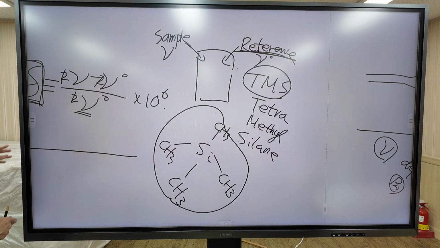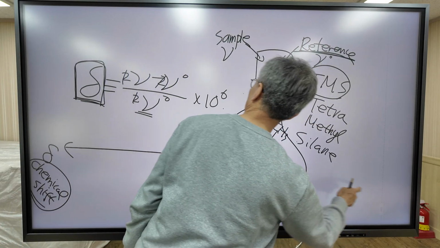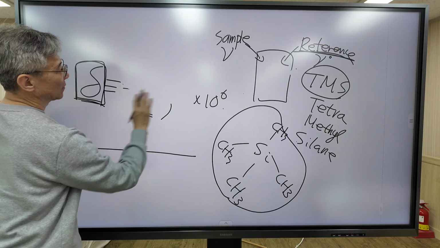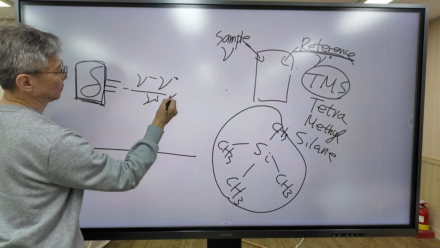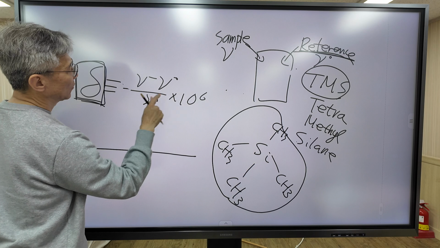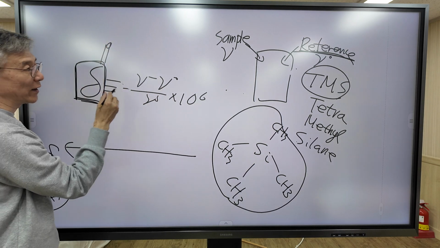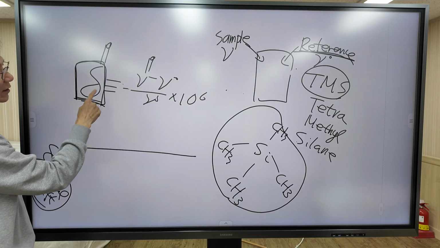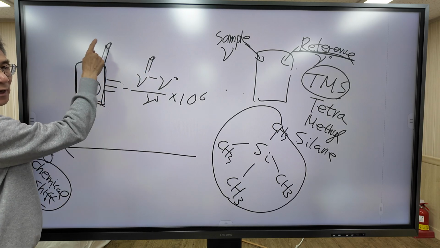Okay. But even if we measure delta, nu0 is fixed. Nu0 is fixed, so delta increases when nu increases. So delta is directly related to nu. When nu increases, delta increases.